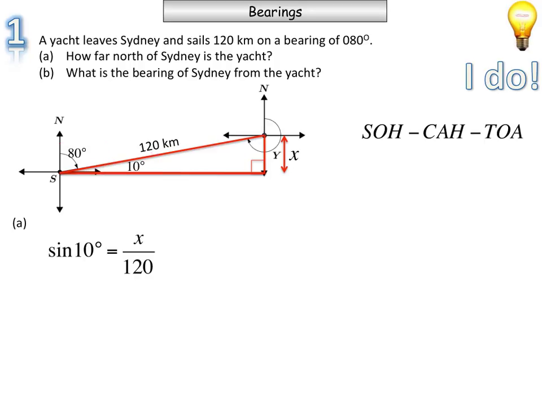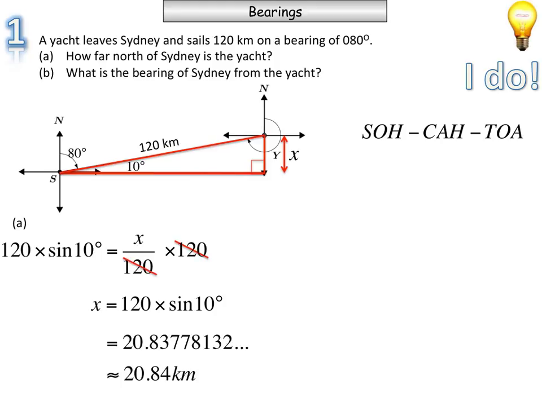So we have an opposite and a hypotenuse. Using our sine ratio, sine 10 is opposite over hypotenuse. Multiply both sides by 120, and then x is 120 multiplied by sine 10. To two decimal places, we've got 20.84 kilometres.